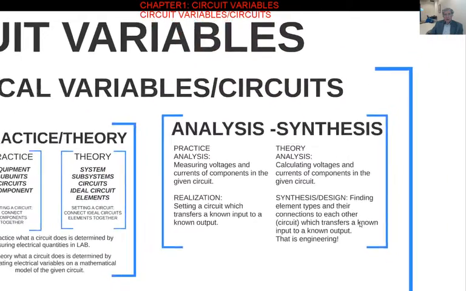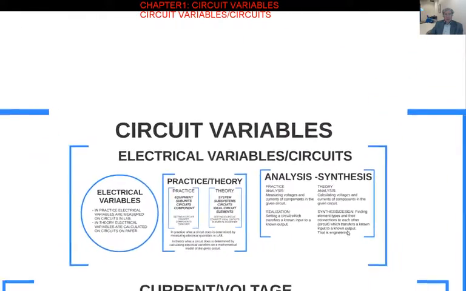So if you look at the whole system now, in order to talk about the electrical variables, we've got to mention the circuits in theory and in practice. And the circuits, we've got two concepts that we use: analysis and synthesis. In the analysis and synthesis, we mentioned about the variables that we are going to measure or that we are going to calculate. These are the electrical variables.